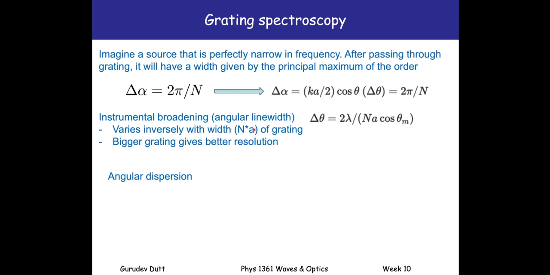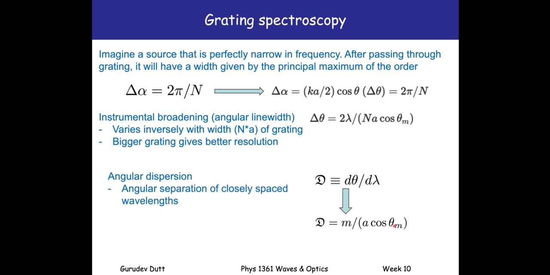We also have another important parameter. If I have two different sources now, or two different frequencies, lambda 1 and lambda 2, which are slightly separated, then the question is how far apart are they in angle? And that is just obtained by taking D, the angular dispersion, defined as d theta over d lambda. So simply differentiate the grating equation, a sine theta equals m lambda, and you get that the angular dispersion is just m divided by a cosine theta m.